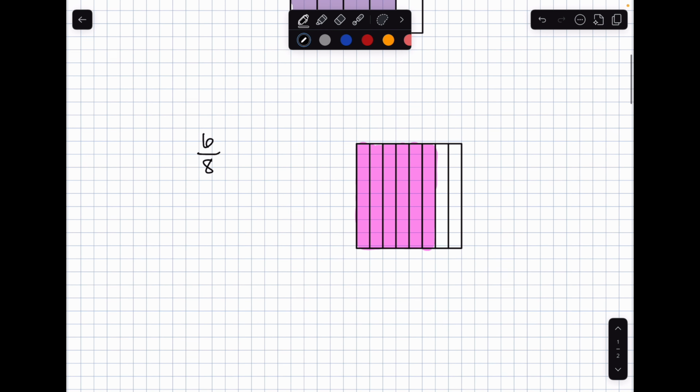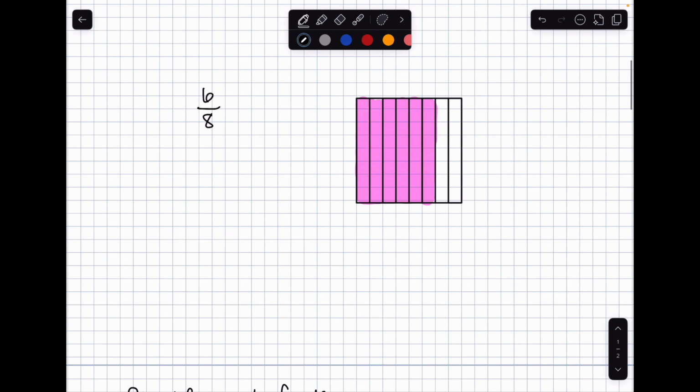I've got another example down here, so 6/8. What can I divide 6 and 8 by? It is 2, so 6 divided by 2 is 3, and 8 divided by 2 is 4. If I come over to my model here, I've got to scoot my highlighting up just a little bit.